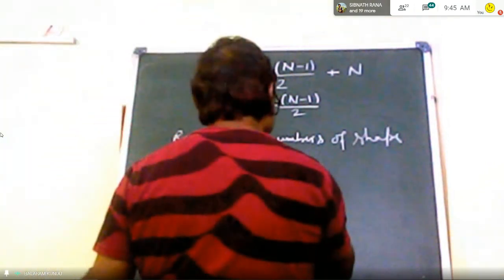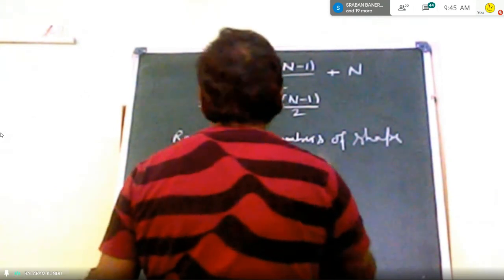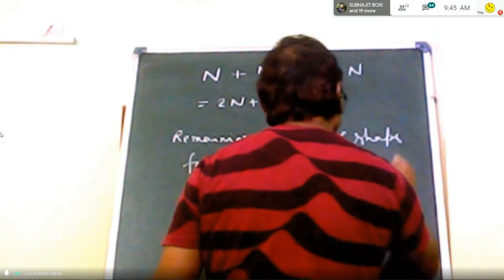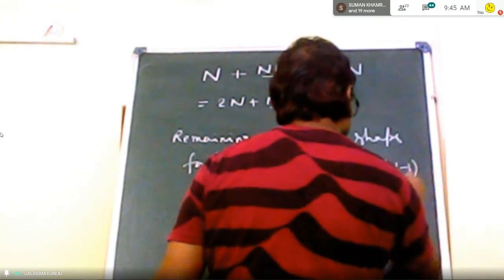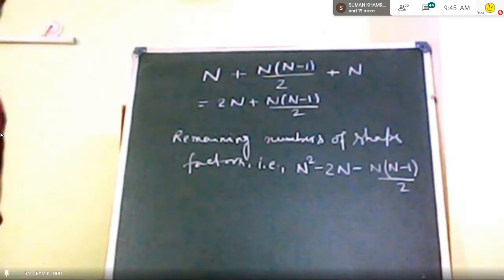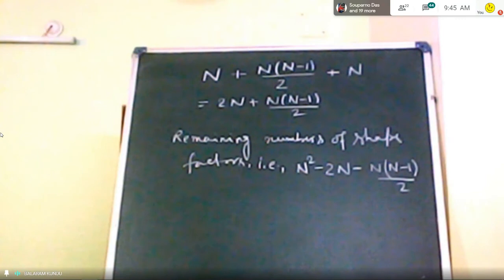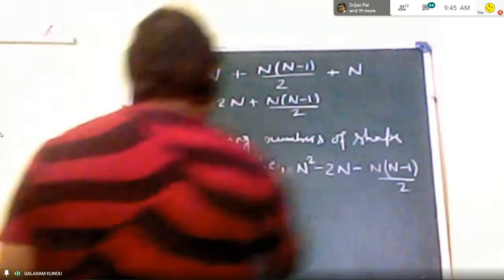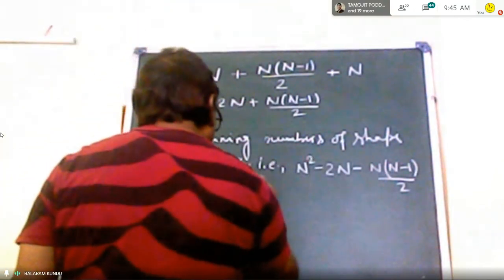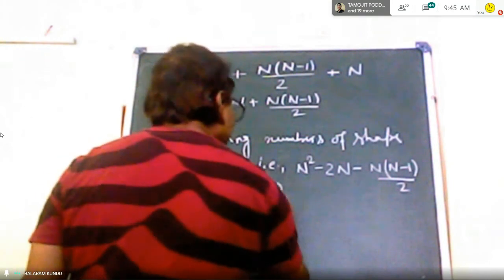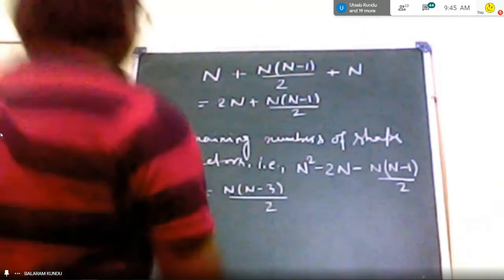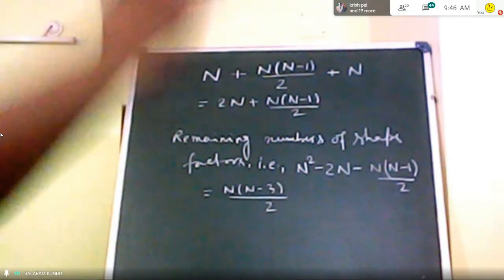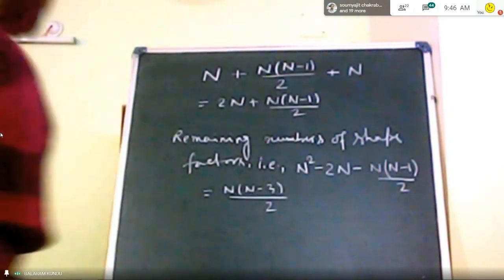So it should be n square minus 2n minus n into n minus 1 divided by 2. So that is n square minus twice n minus n into n minus 1 by 2, so it will be n into n minus 3 divided by 2. This number should be determined from the mathematical expression of the shape factor.